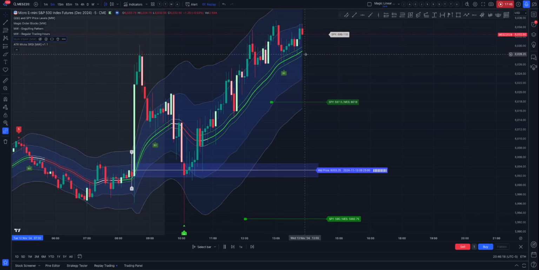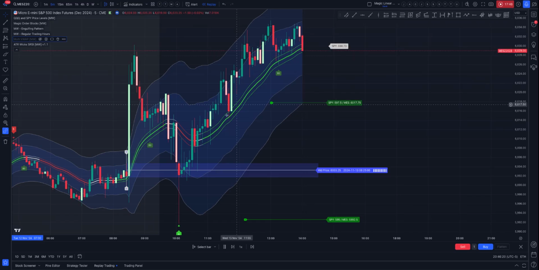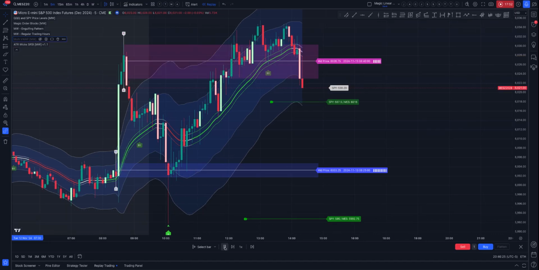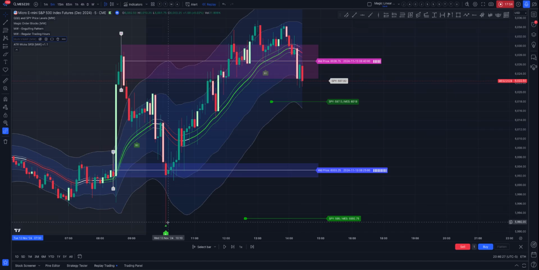But now we can see how it behaves. And also I should say, with this ATR, let's pause this, we actually got a signal down here saying that this is a buying opportunity.